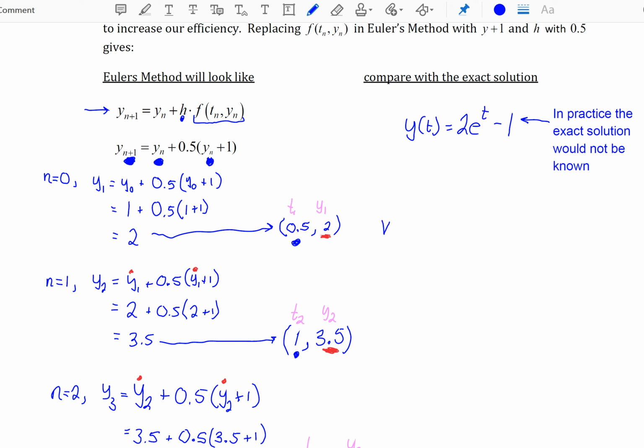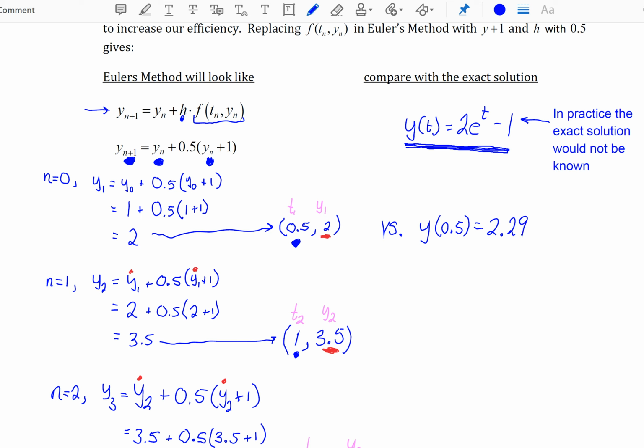So here now, I want to see how well did Euler approximate what is happening at t of 0.5. So let's look at the exact solution at 0.5. If you evaluate your exact solution at t of 0.5, we should get, if I go to 2 decimal places, 2.29.